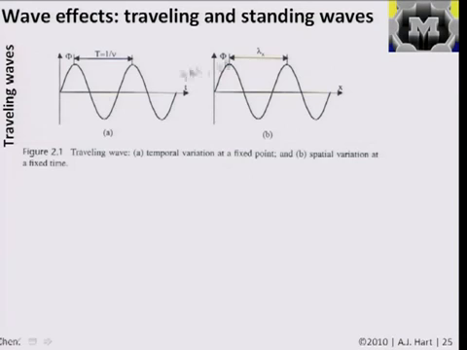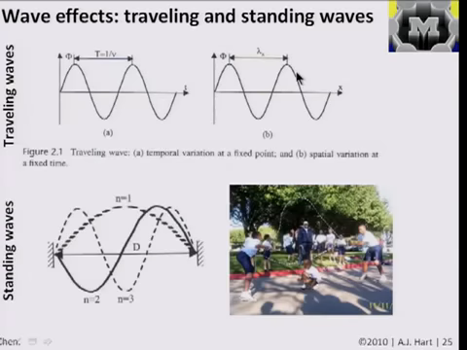These pictures look identical, except that if you're standing fixed in space, you're looking at how the intensity is varying in time, as relates to the temporal frequency of the wave. And if you're standing fixed in time, you're looking at how the intensity is varying spatially, and that will relate to the spatial wavelength, what is being called lambda x here.